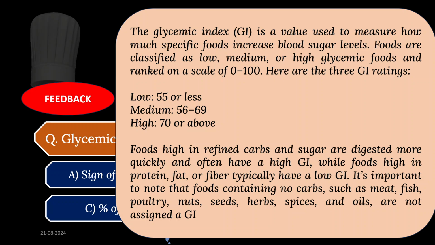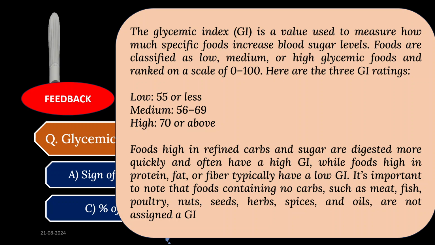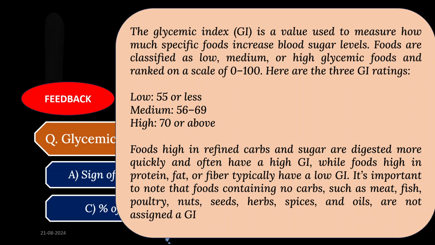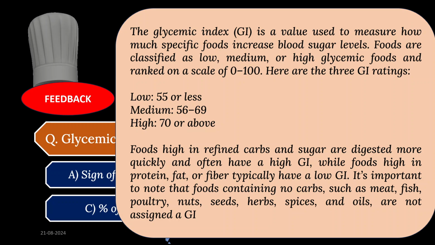Foods high in refined carb and sugar are digested more quickly and often have a high GI, while foods high in protein, fat or fiber typically have a low GI.